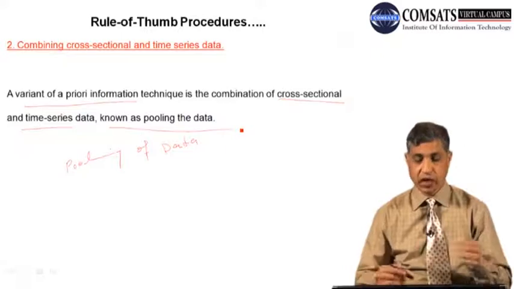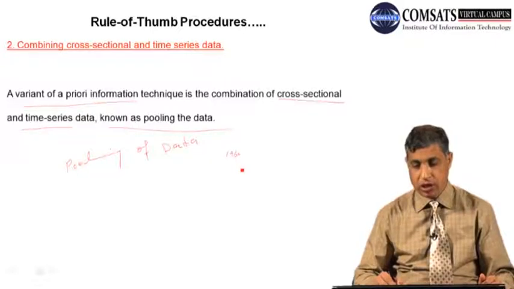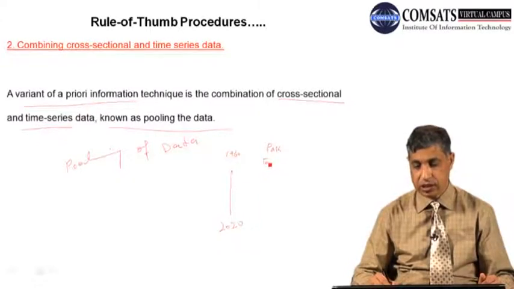So for example, if you have data from 1960 upward to 2020 for Pakistan, and it is for 3 variables, say the tax, the GDP, and the population.